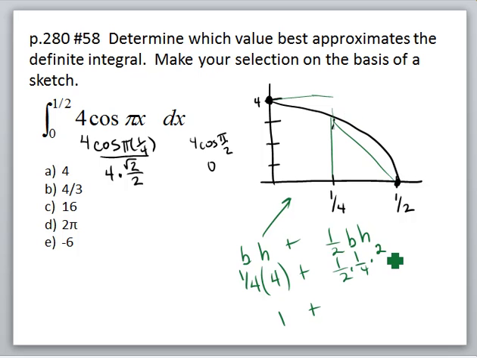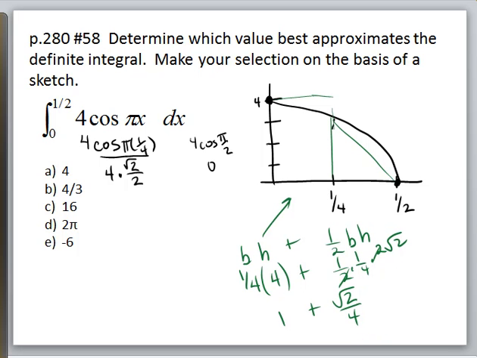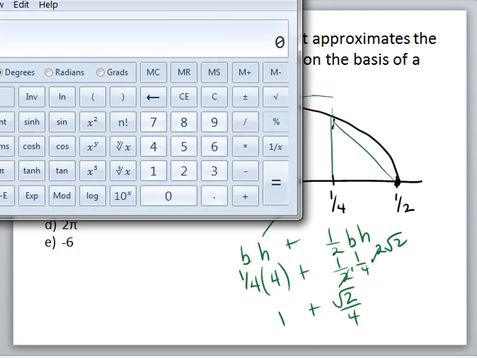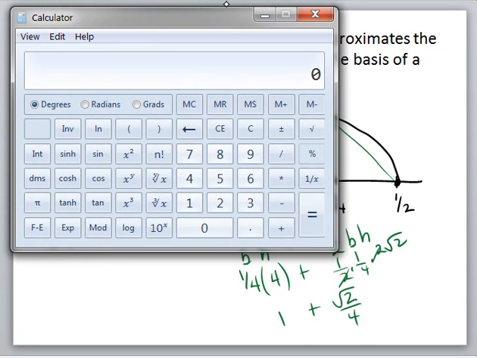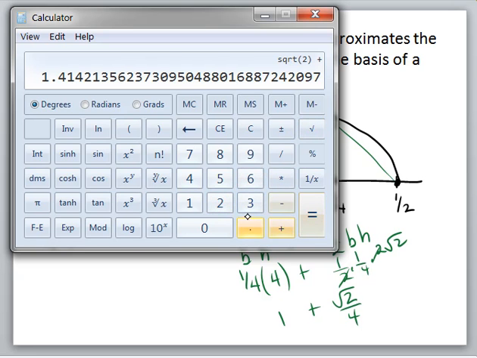We can go ahead and use that, I guess. 2 square root of 2, that would cancel. I'd get square root of 2 over 4. Well, I need to bring out my calculator in order to figure out what the square root of 2 over 4 is. So let's go ahead and do that.